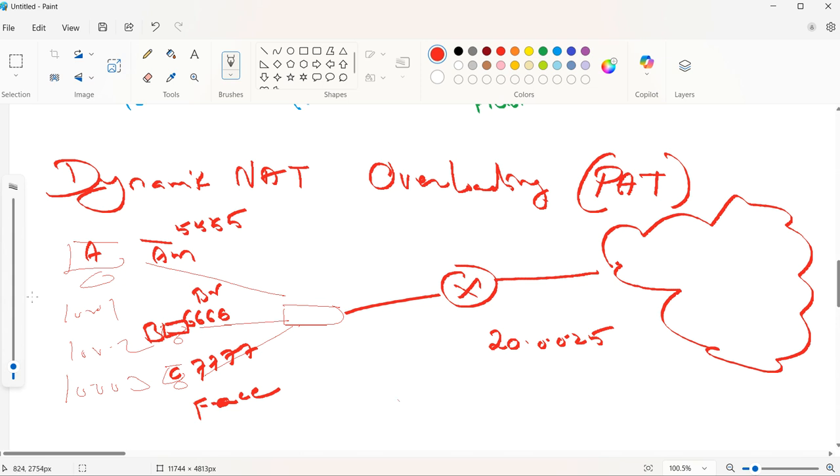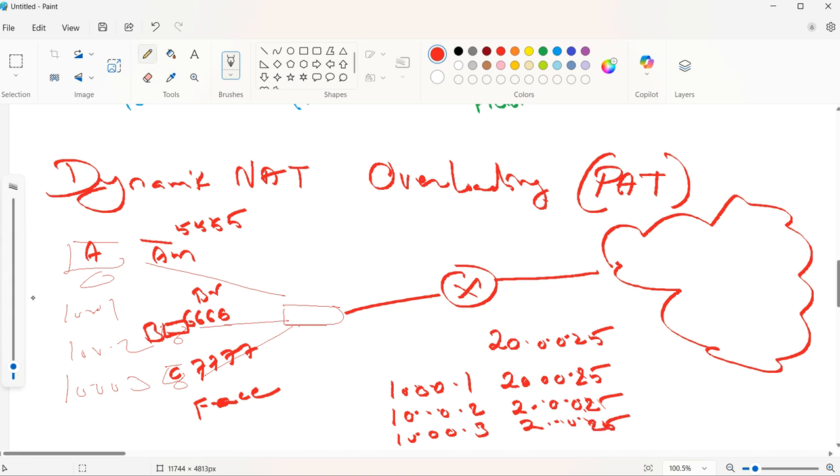Now, for A, it gives 20.0.0.25. For B also it gives the same 20.0.0.25. For C also it gives the same 20.0.0.25.